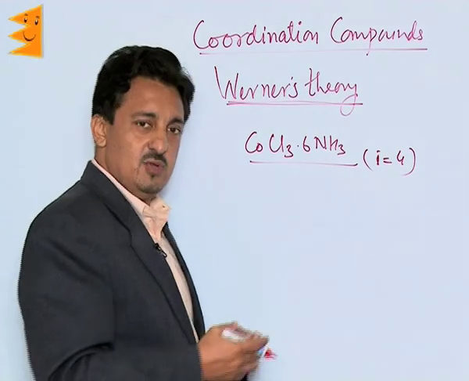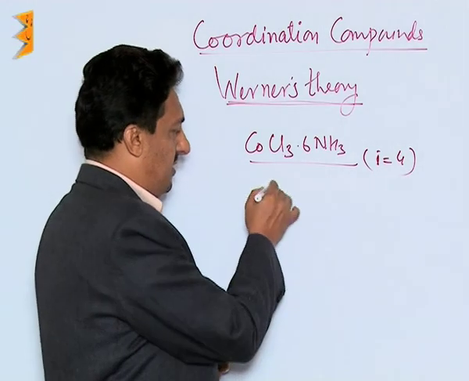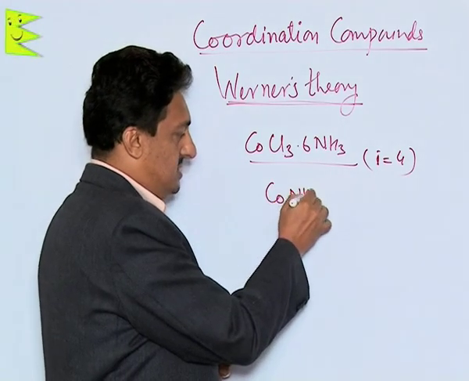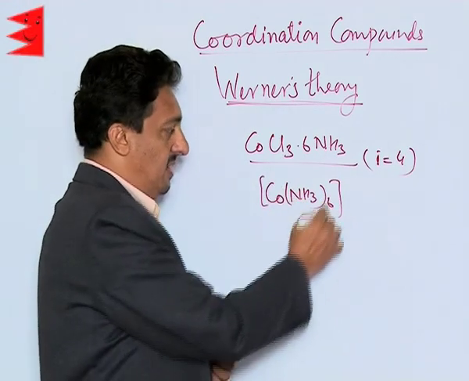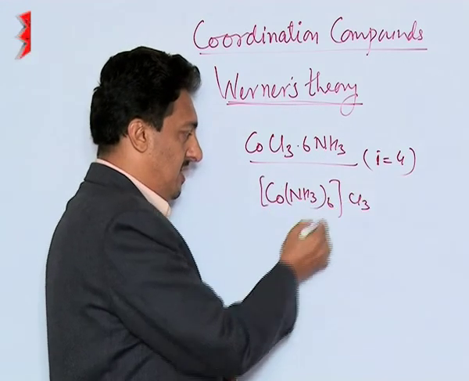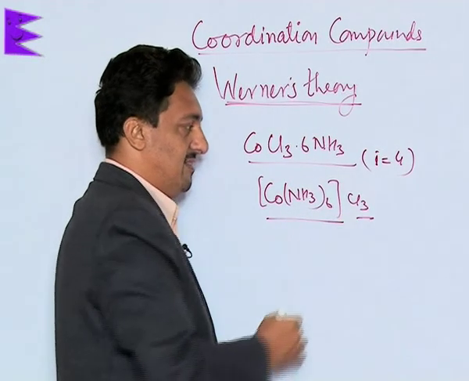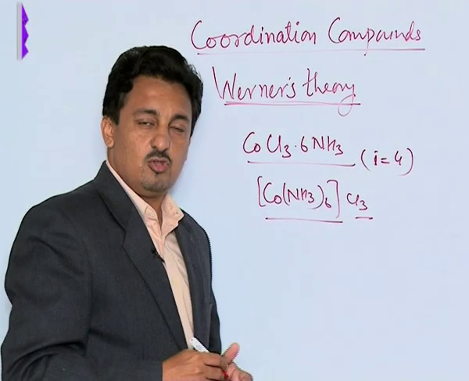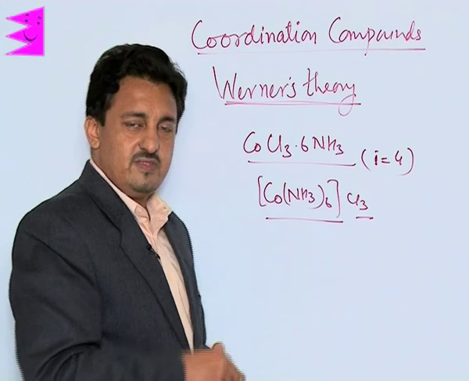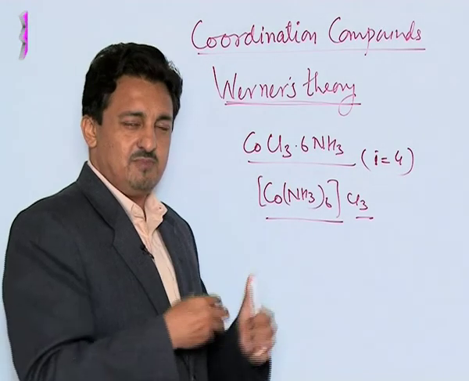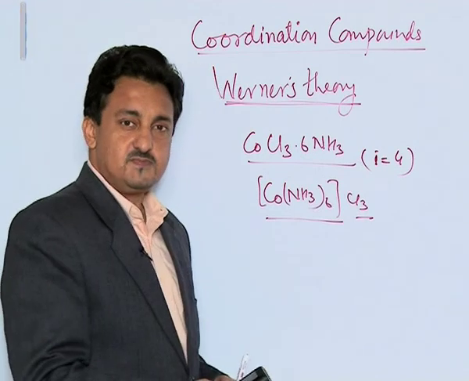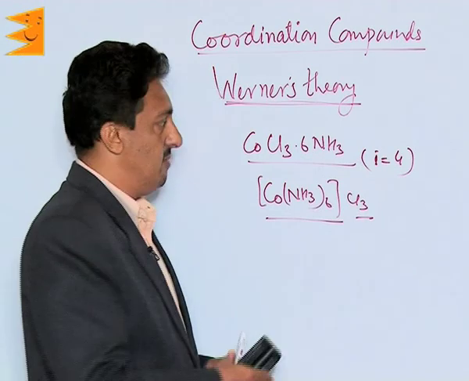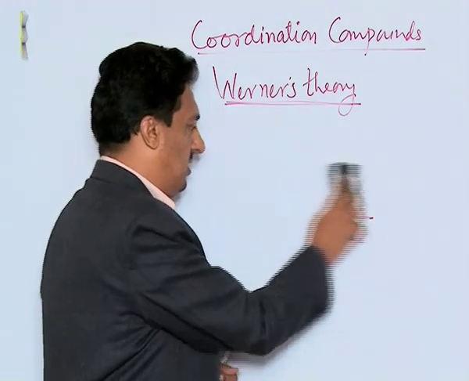The reason is that the 6 ammonia form a complex with the cobalt, and the 3 chlorides lie outside. So 1 complex ion and 3 chloride ions, and that is how i comes out to be 4. This is how he studied all those compounds, and with a lot of experimentation he came out with his own postulates and theory, which is called Werner's theory.